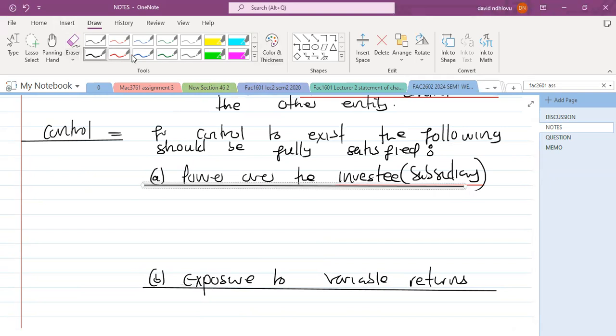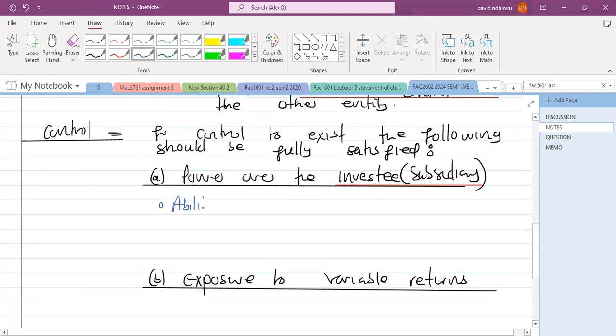When we talk about power over the investee, this is the ability to influence decision making over the crucial areas of the business.